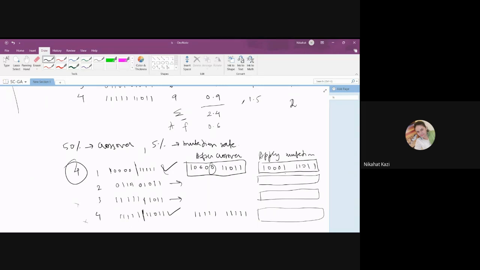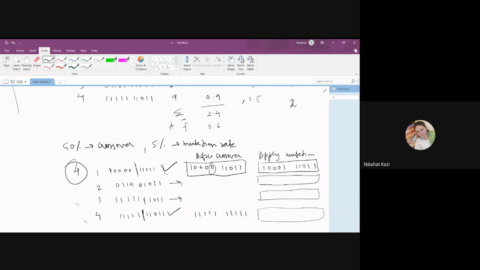So keep this in mind clearly, that crossover is always across the population, because you're considering two strings at a time, and 50% crossover rate means 50% of the strings are undergoing crossover. Mutation means it is always per individual, per chromosome. So don't look at the entire population and then mutate, that is wrong.